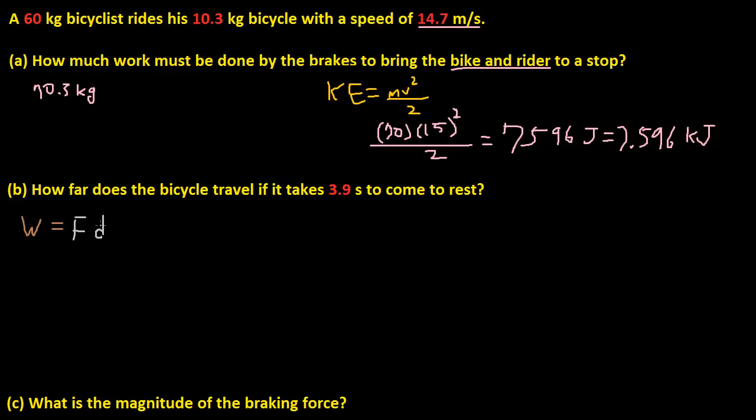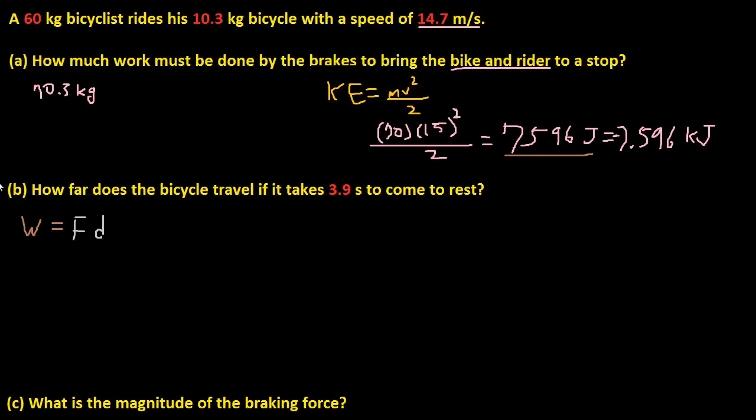We know our work, but it has to be negative, because the bike is moving this way and you're trying to cancel it out with the bike.